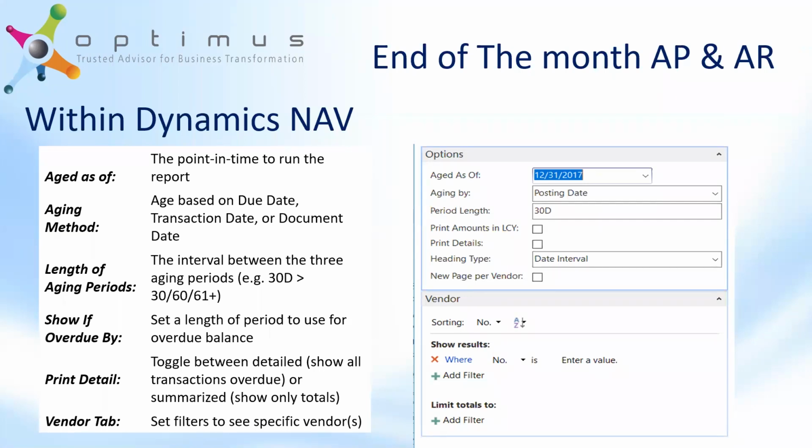Now, show if overdue by is setting a length of period to use for overdue balances, all right? So you can set a threshold where you will also just see the overdue values, and it's going to show it immediately. Then print details: you can set it to show all transactions one by one, not only the values, okay?